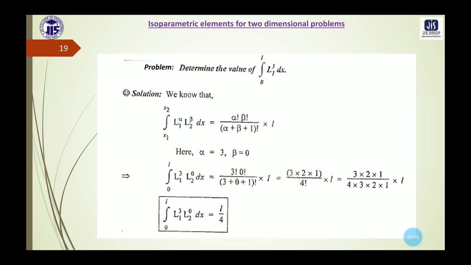So we get the formula as factorial 3 multiplied by factorial 0 divided by factorial 4. If we perform all these factorials, finally we get the value as L by 4.